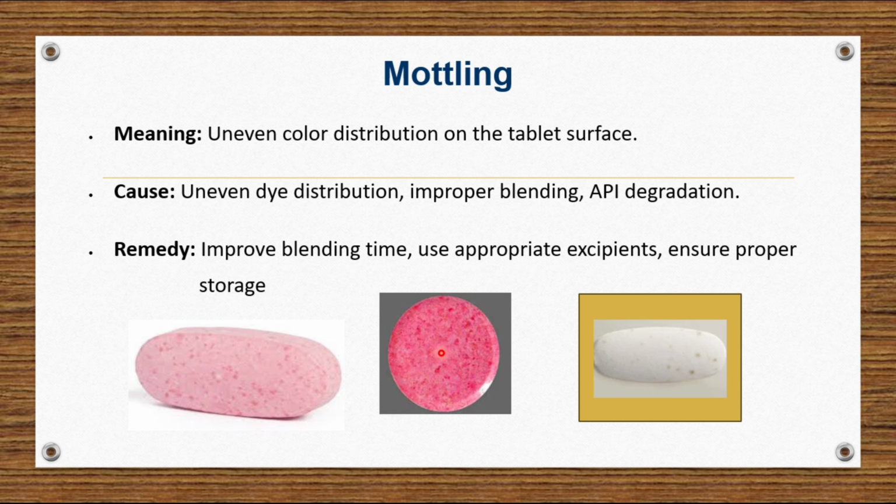But if your specification says otherwise and you observe mottling on the tablet, then this is called a defect. So what is the cause? Cause for mottling is usually uneven dye distribution, improper blending, or sometimes API degradation because of high temperature, high pressure, or any other reasons. Remedy: improve your blending time, use appropriate excipient, ensure proper storage.